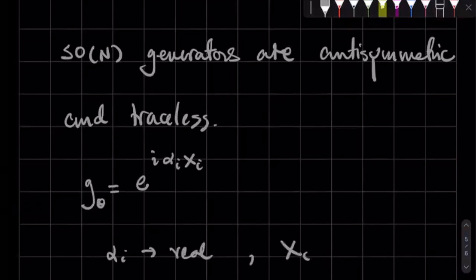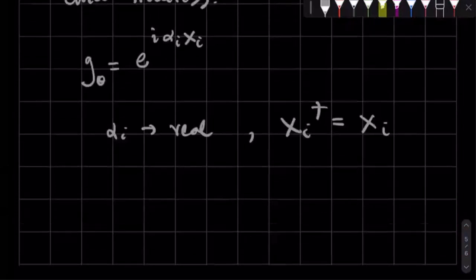Then x_i is not just antisymmetric, it's actually pure imaginary, and therefore it's Hermitian. But that's a thing that physicists do, and because I'm a physicist, I will switch between these two conventions.